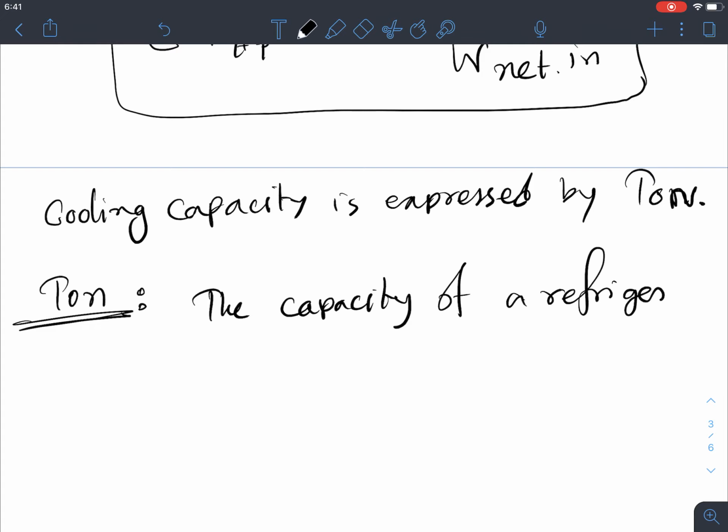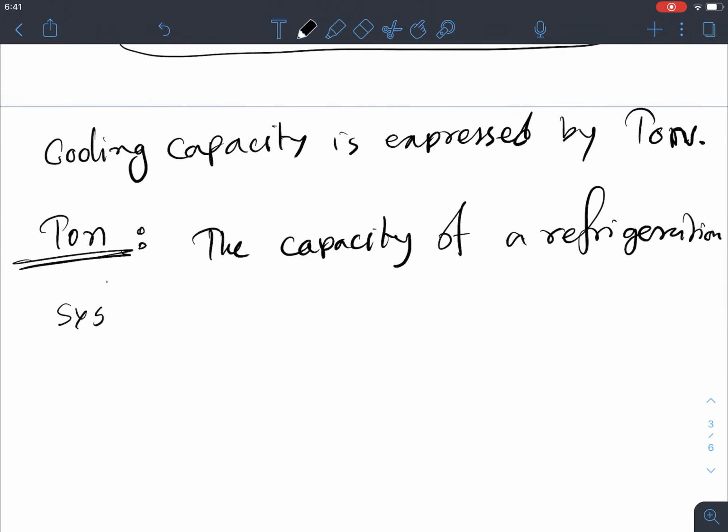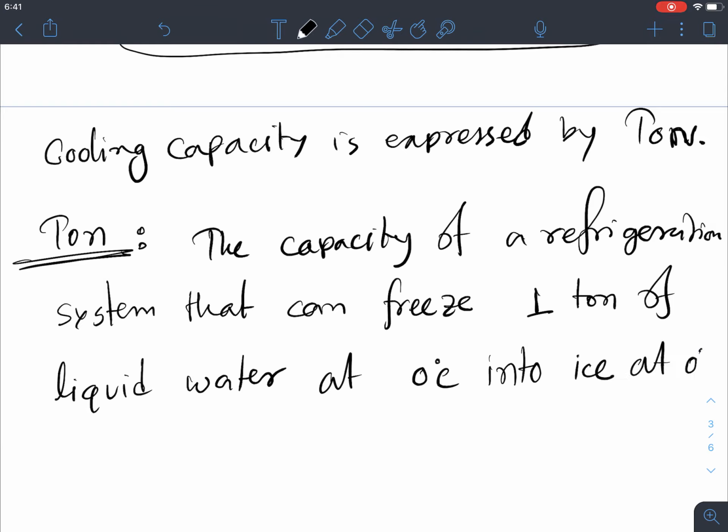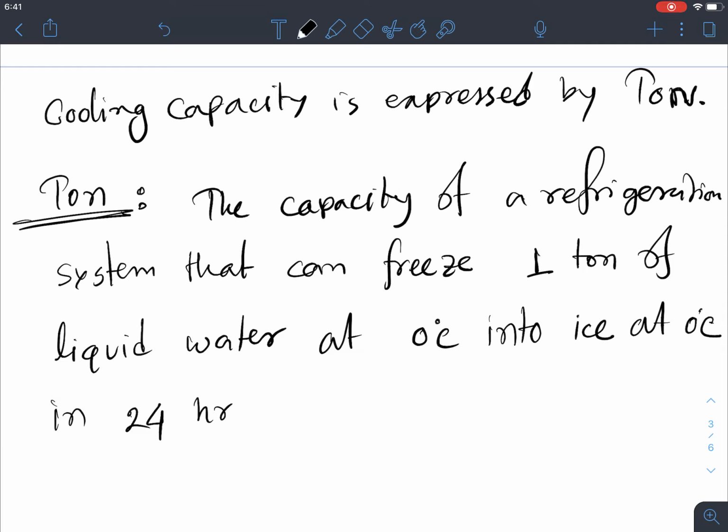of a refrigeration system that can freeze 1 ton of liquid water at 0 degrees Celsius into ice at 0 degrees Celsius in 24 hours. Actually, the 24 hour is known as TOL.